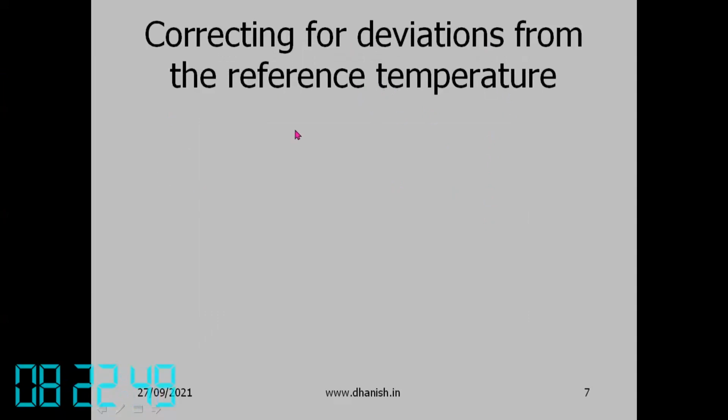Okay, so how do we correct for deviations from the reference temperature? The length at 20 degrees Celsius is what we need to know. The correct dimension of an object is its length at the standard reference temperature of 20 degrees Celsius.